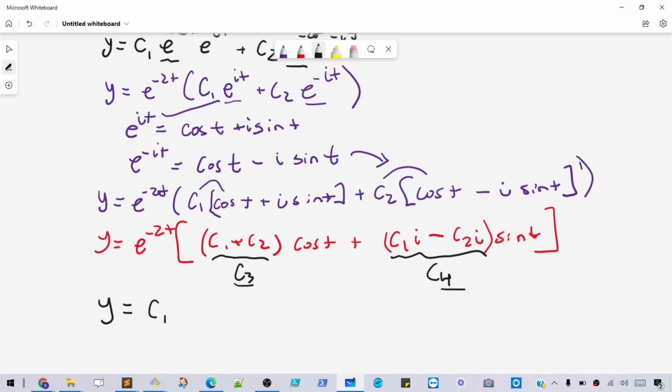So we'll do that, like this. And then we'll have our C2. And that'll be our answer.